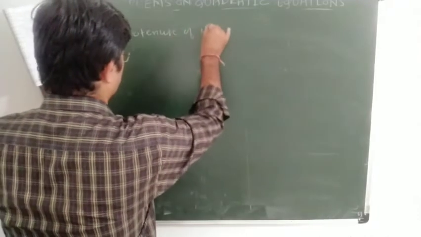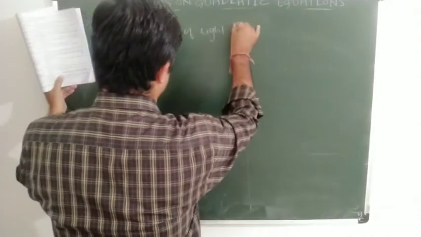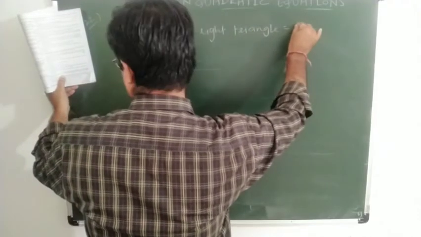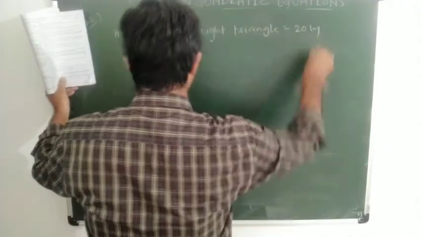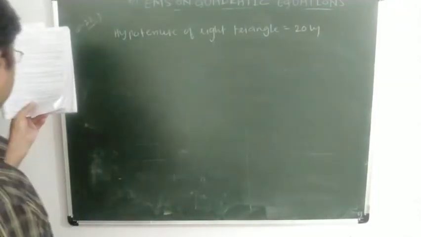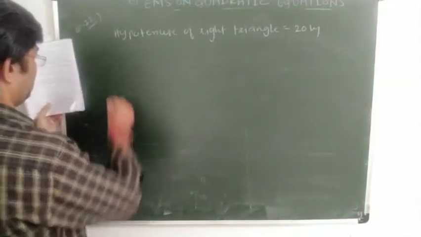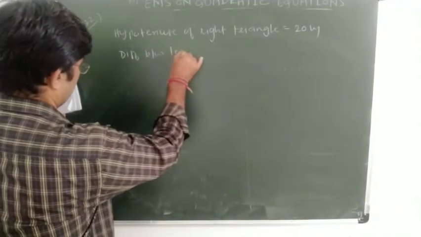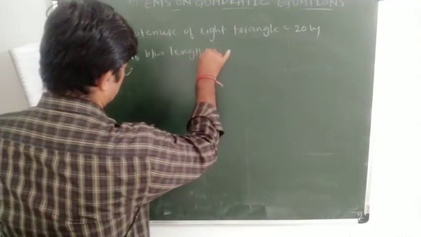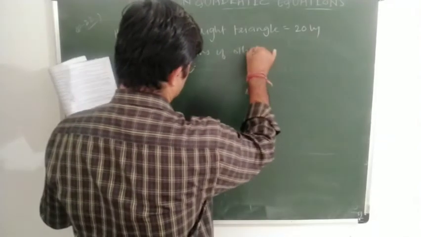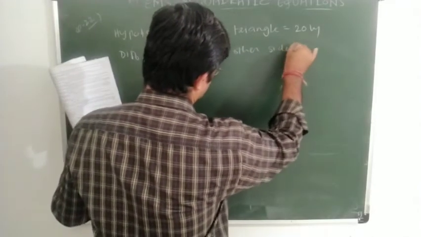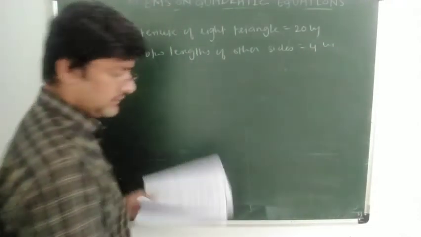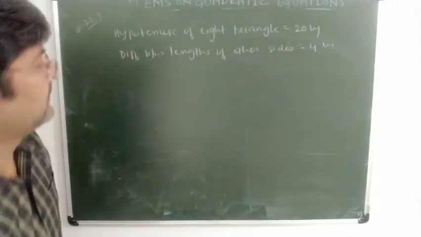The difference between the lengths of the other sides is 4 meters. Find the other sides. It's quite simple.